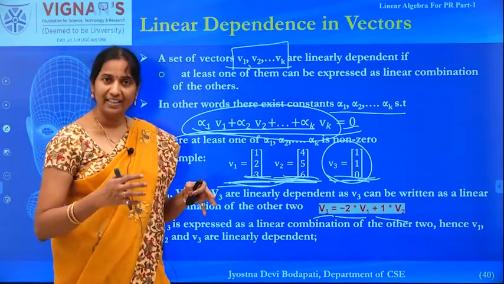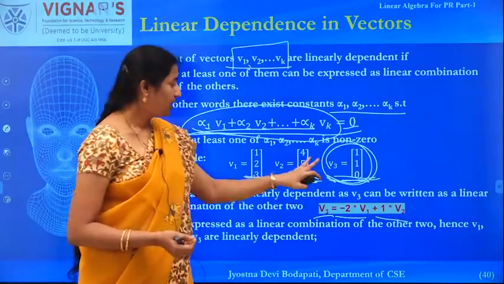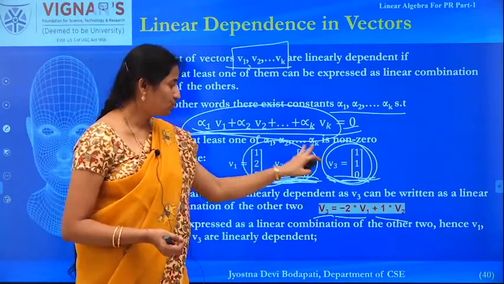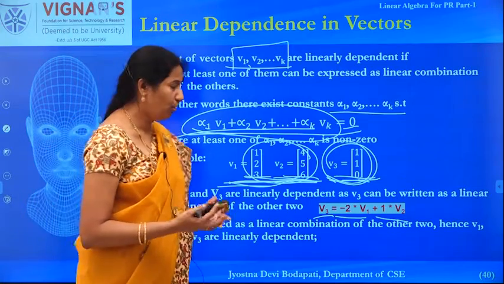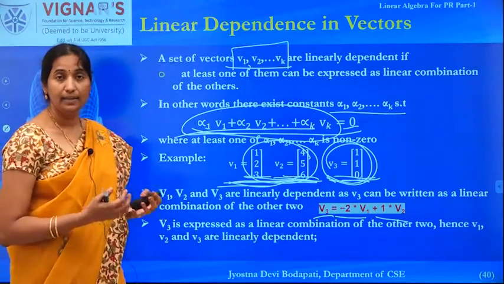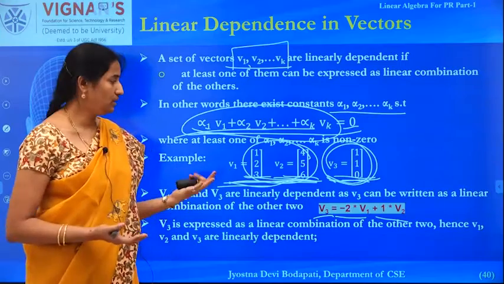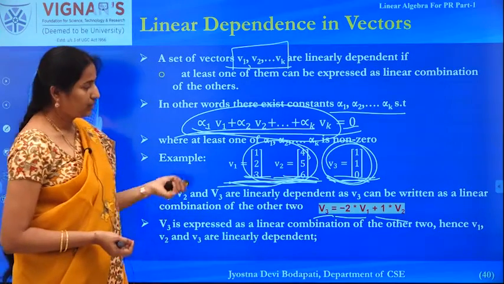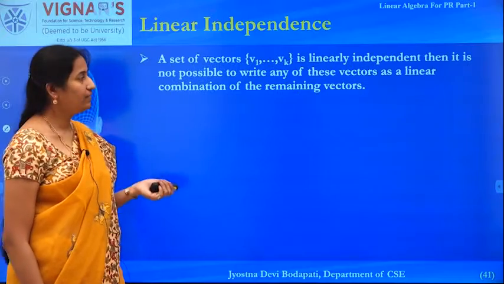So I can save the space without storing this feature itself. I can extract that feature from these two features. So that's the advantage of having linearly dependent vectors. That means you need not actually have the dependent features. So here I can say that V3 is a linear combination of the vectors V1 and V2.